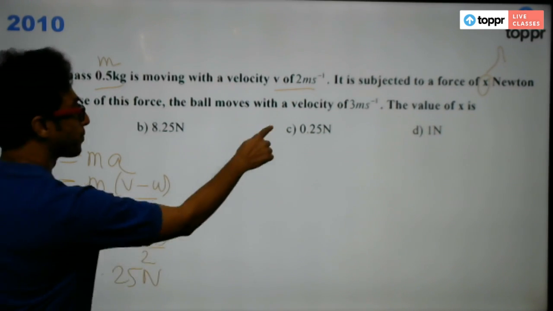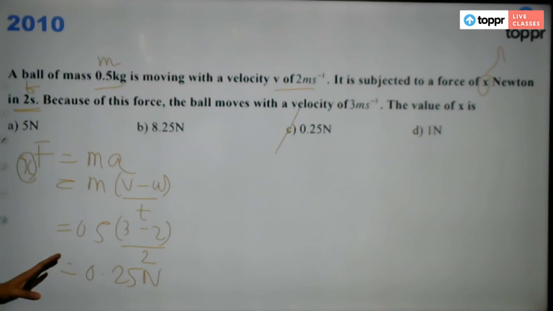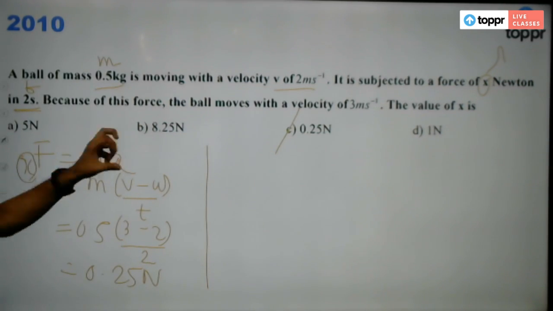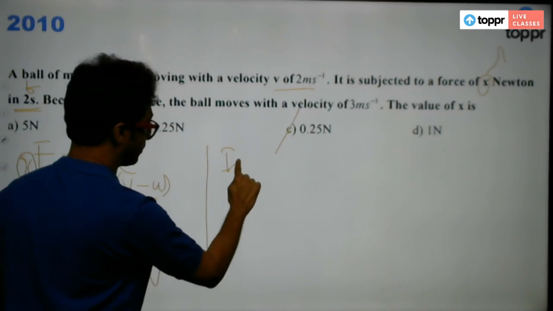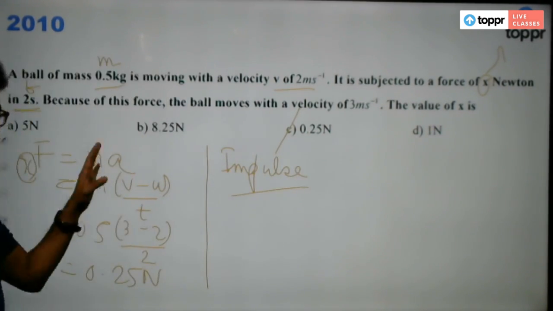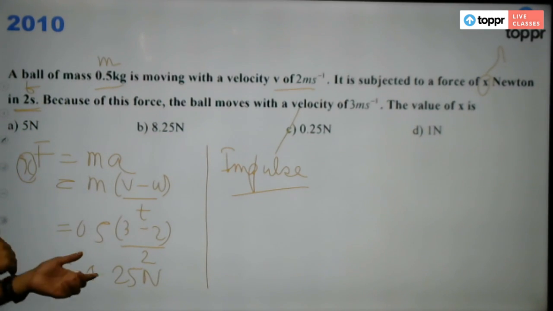Very simple, right? The approach is very simple, but remember another approach, that is the impulse approach. Maybe for this it is not so much required, but you can use it for other problems.